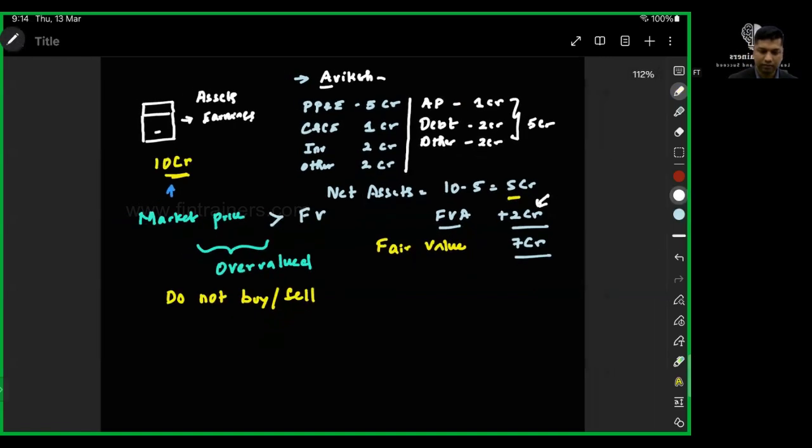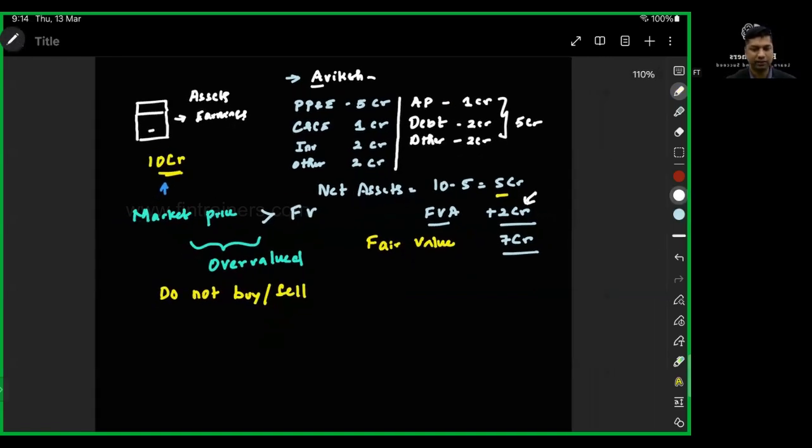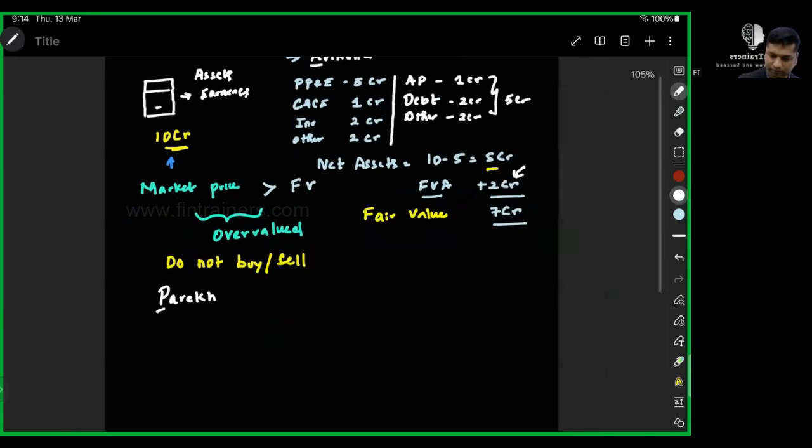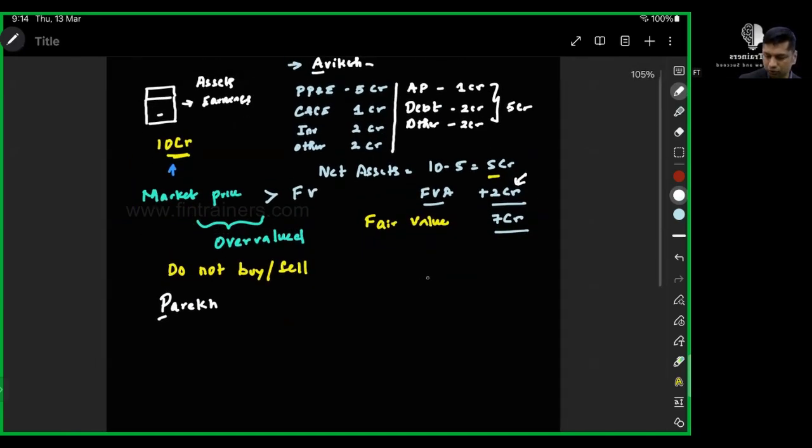Now, let's say your dad says, I'm still willing to sell. You're not running this business, so you ask some of your other friends. Okay, then another friend comes in. Before we go to P, let's do R. So let's say another friend, Raj, comes in.